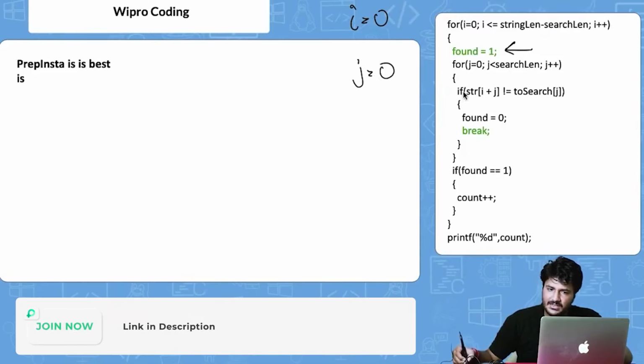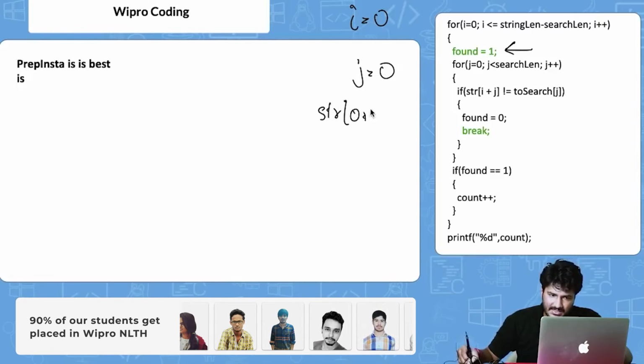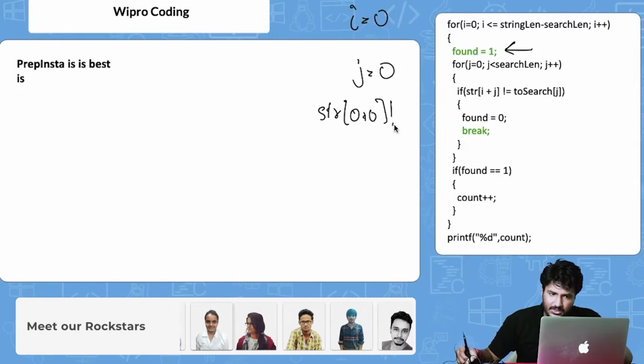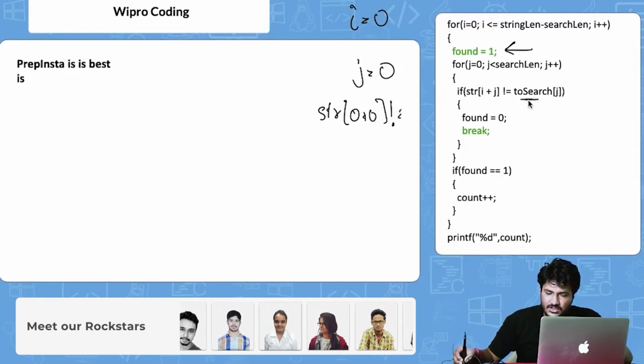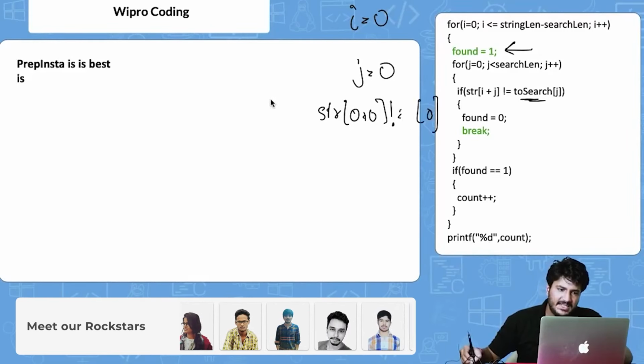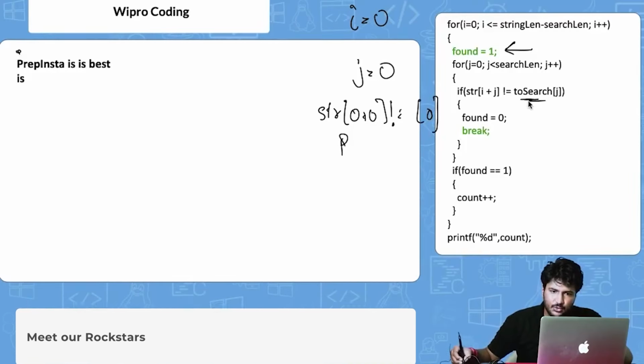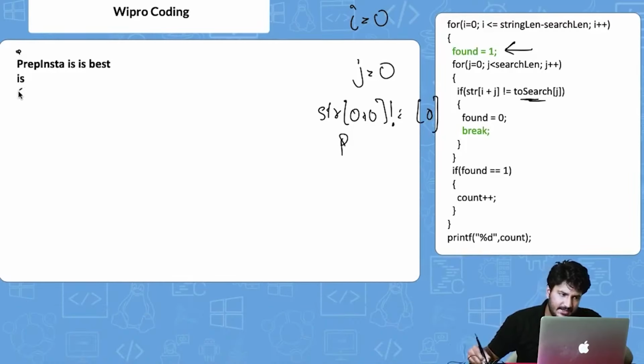Now what it is saying is, if str[i + j], that is str[0 + 0], is not equal to search[j], and search[0] is the first character of the target. So str[0] is p, and search[0] is i.